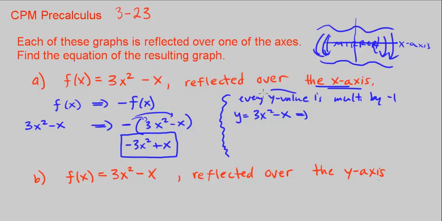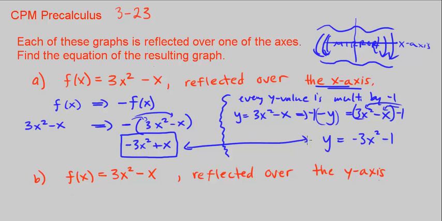Every y value is multiplied by −1, so we get −y = 3x² − x. Then we solve for y by multiplying both sides by −1. These cancel out, and we're left with y = −3x² + x, distributing the −1.